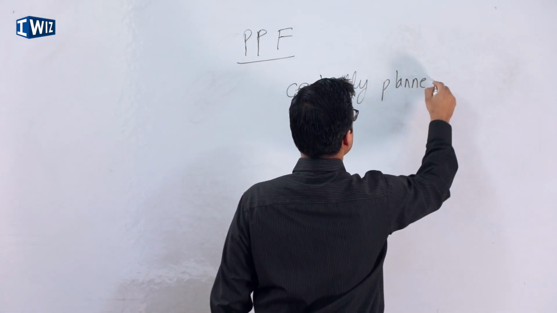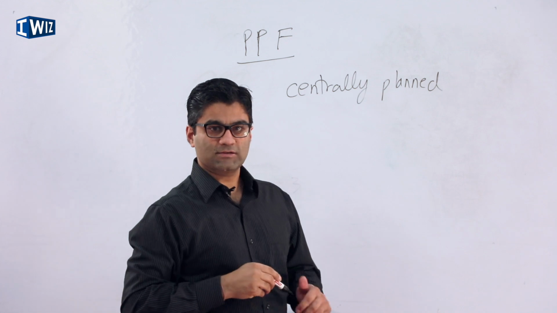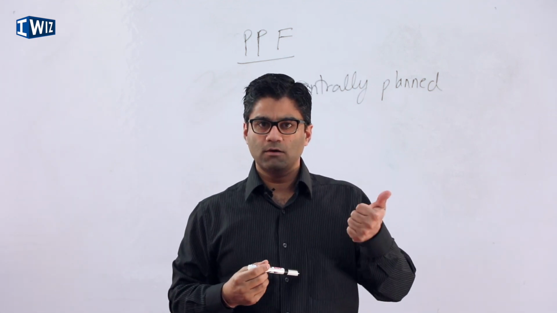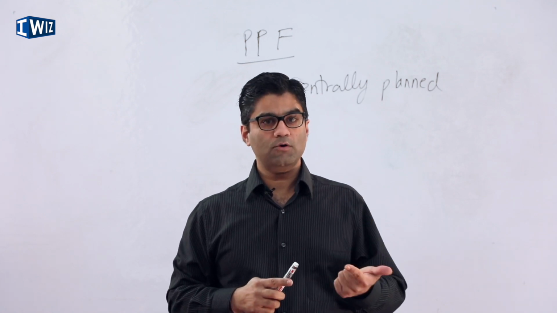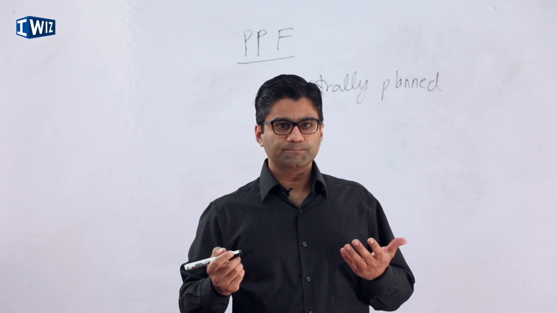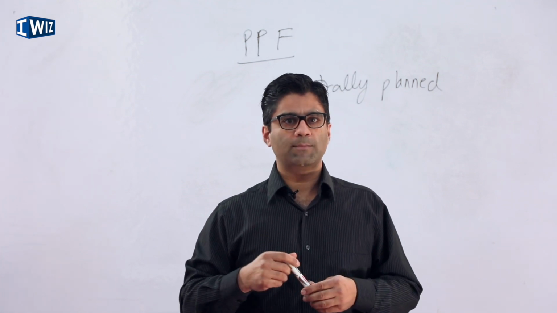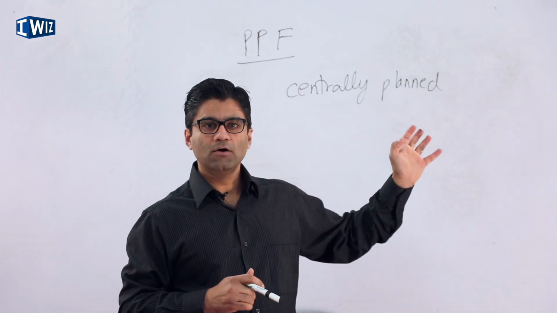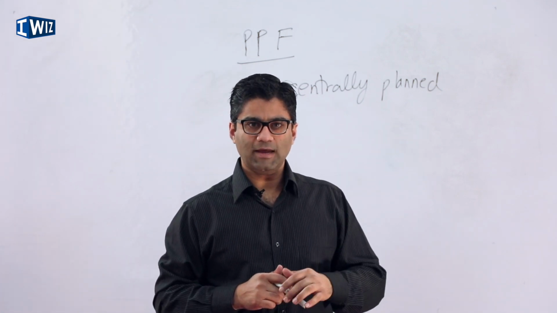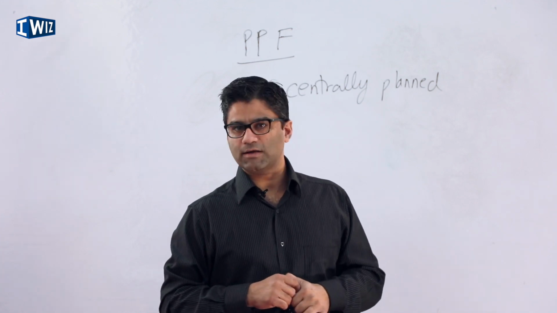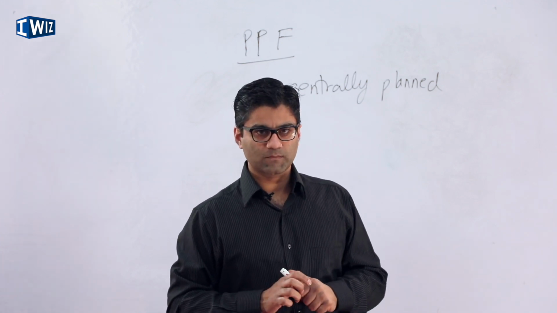In an economy which is centrally planned, there's a central organization, which we all call a government, which decides A, what gets produced, B, how we produce them, and C, for whom we produce them. So there is no individual choice by firms or by consumers, but there's a government that decides all of those choices, and then they just tell the people how much they can buy of each good and what price they're going to pay and all of those questions.